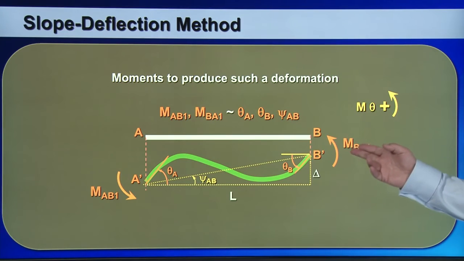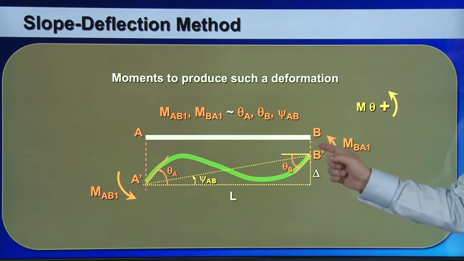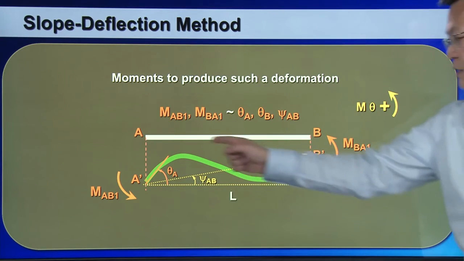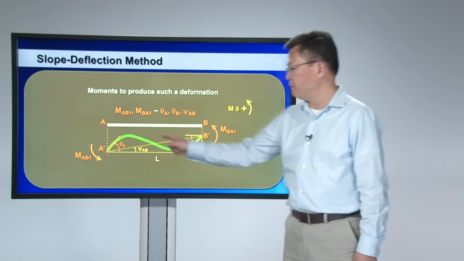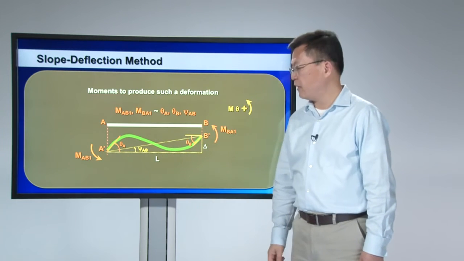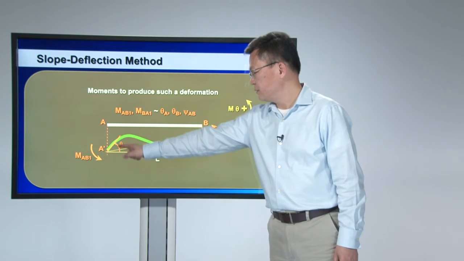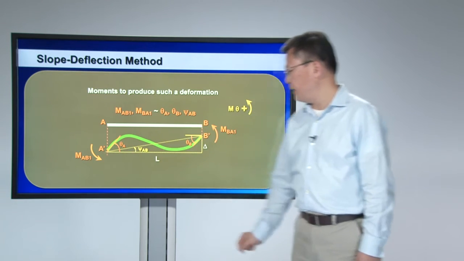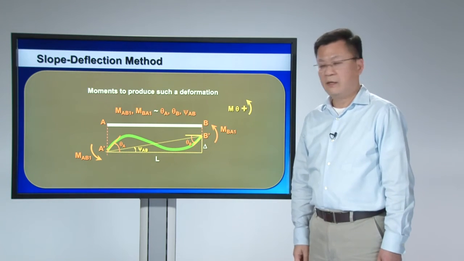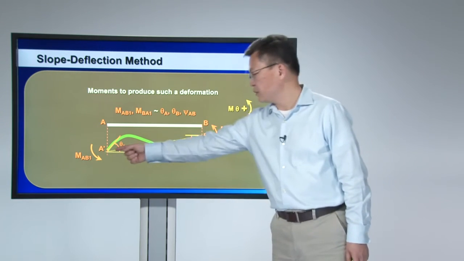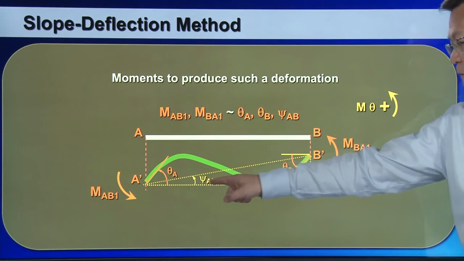So the first task is to produce moments such that they can deform the structure into such a configuration. The deformed configuration is quantified by the rotation angle at point A, theta A, and the rotation angle at node B, theta B, as well as the rigid body rotation of the deformed configuration, which is psi AB.